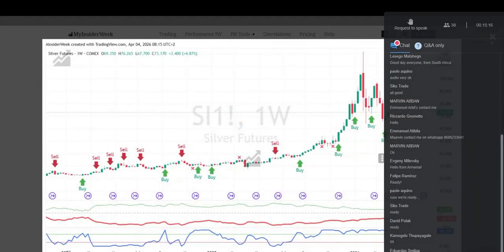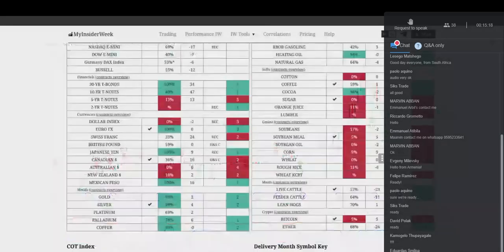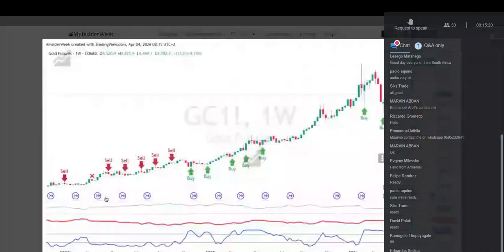And to be honest, to make money in this kind of market, what we have now with the high volatility, is not so easy, but much easier is to make money when the trend starts. And as you can see here, we got a sign for an uptrend based on COT data.